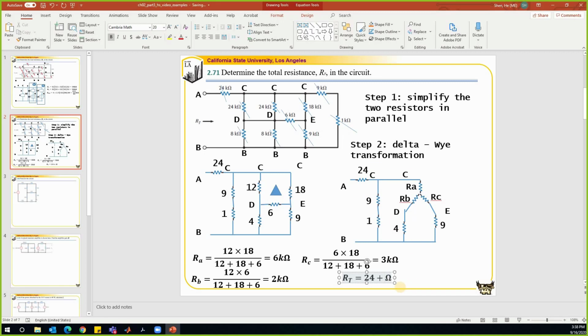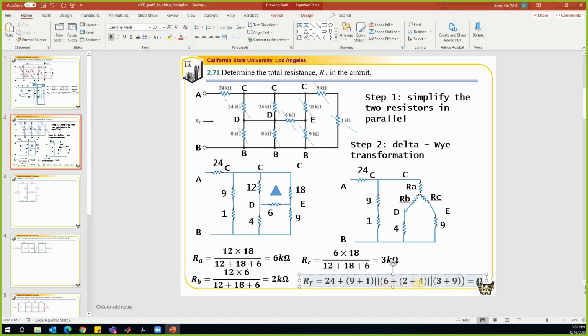The first branch is a 9 and a 1 in series, and the second branch has RA in series with these two bigger branches in parallel. So that is RA, which is 6, plus RB plus 4 in parallel with RC plus 9. So 2 plus 4, and the next branch over here is RC plus 9. RC is 3 plus 9. That will give us the final answer.